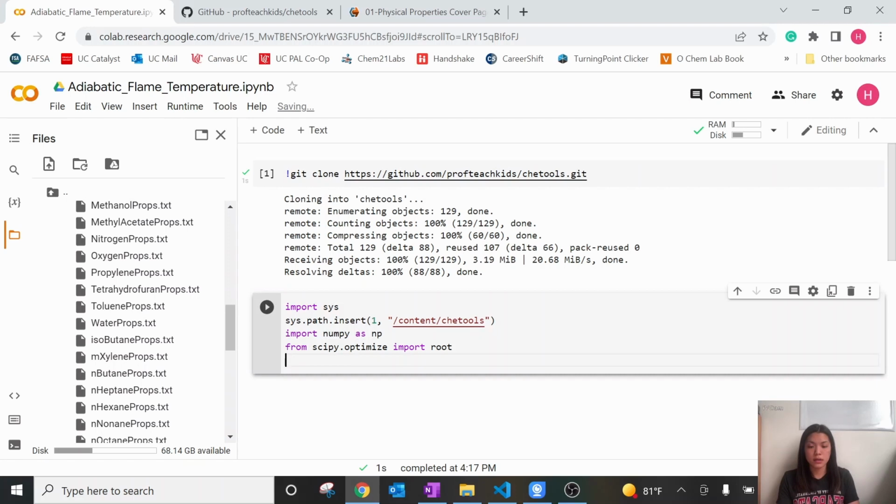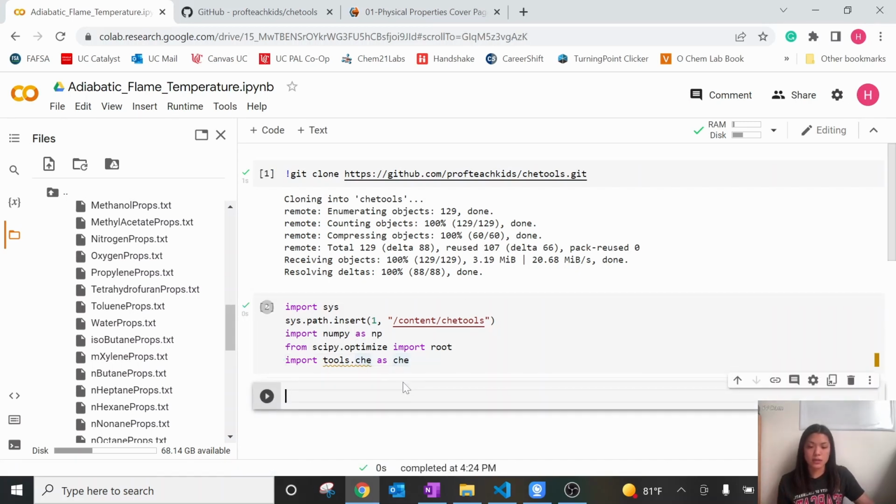And lastly, we have to import the CHE tools: import tools.che as CHE. What that does is it allows us to use the tools that we've just imported.